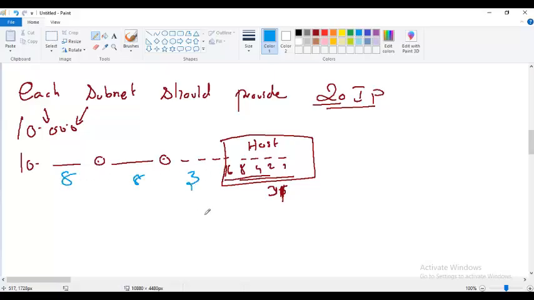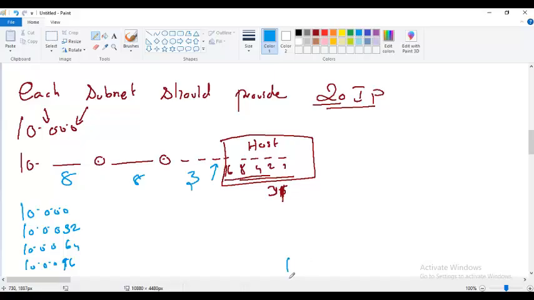So it's going to be 10.0.0.0, 10.0.0.32, 10.0.0.64. You know how you got 32, because the value here is 32. 10.0.0.96. Just write the first 4 and then the last 4. Last 4 is what? 10.255.255.224.